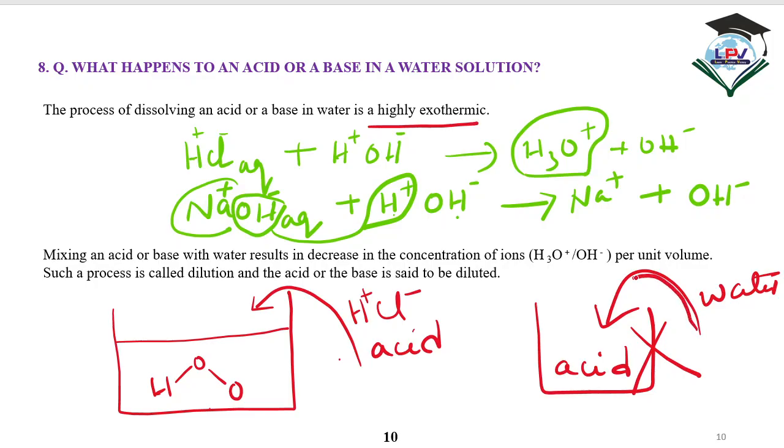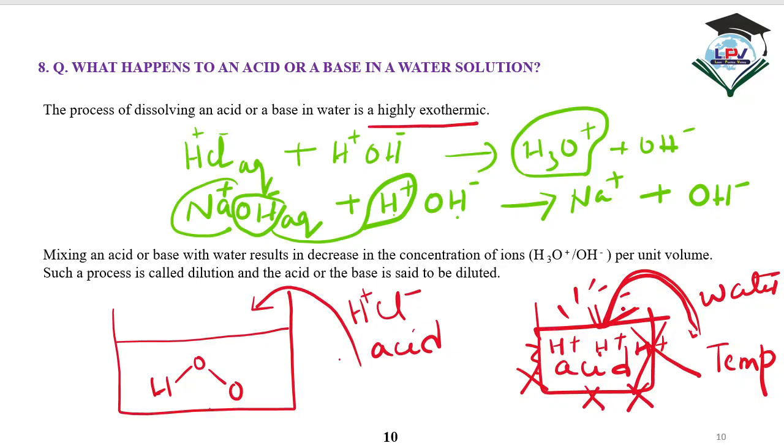When water is added to the acid, which has so much concentration of H plus, immediately the reaction takes place, the formation of products in large amount takes place with liberation of heat, which increases the temperature of the system. There is a possibility that the beaker can break or the acid can splash and you can burn your hand. So always remember this is a wrong way of adding water to acid.